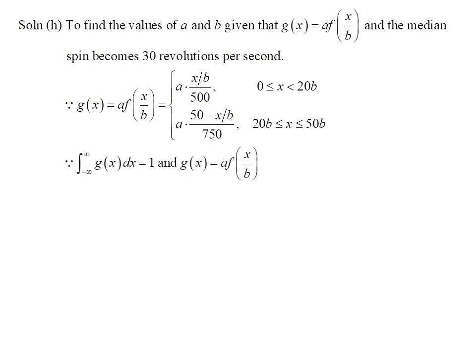The integral from negative infinity to infinity of g of x dx equals 1, and g of x equals a times f of x over b.